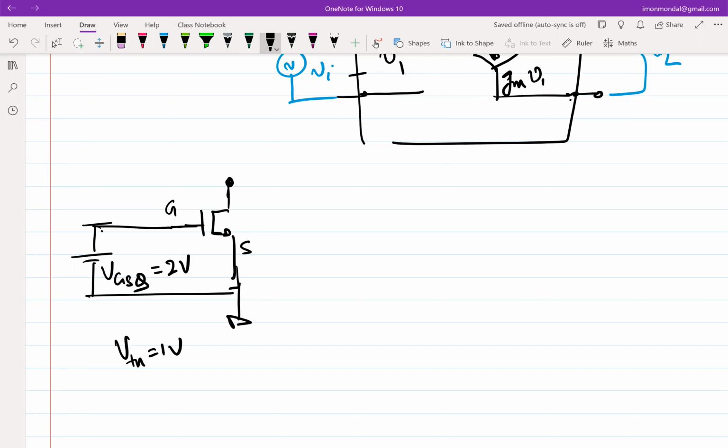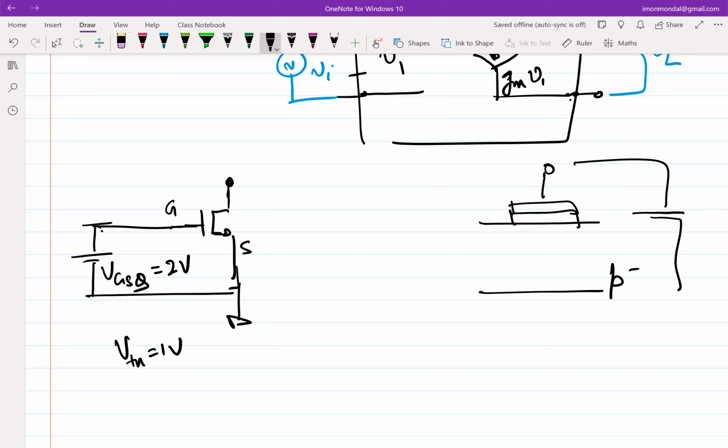It doesn't, right? So recall the way we introduced this MOS structure. You had a capacitor and you have a P minus. You applied a voltage here and you developed some channel charge. We were not into any current flow, but this structure was on. So you will have channel charge here, but the channel charge is not moving.